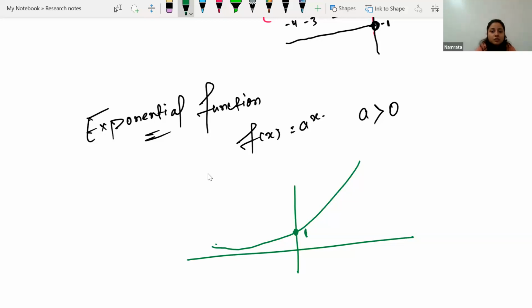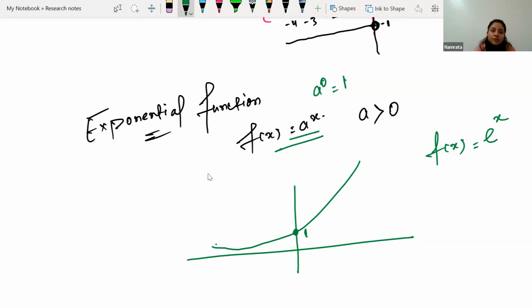If we take the natural log, it will be the natural exponent, e to the power x. When x is 0, a to the power 0 gives the result 1. That's why it is touching the y-axis at 1. When x is 0, y is 1.